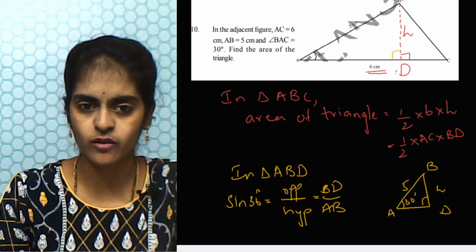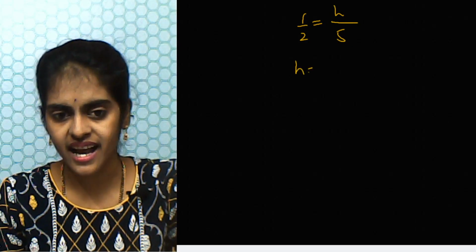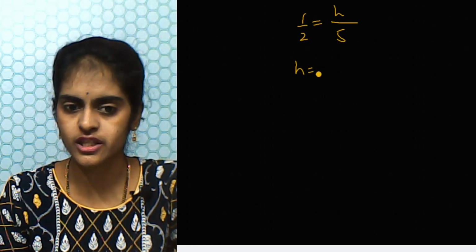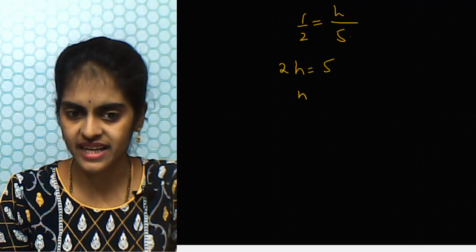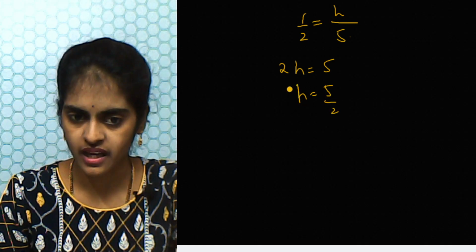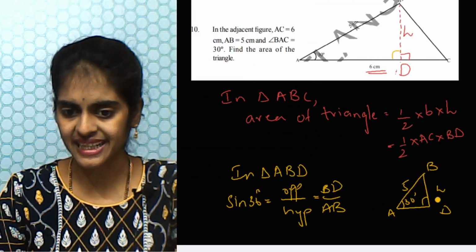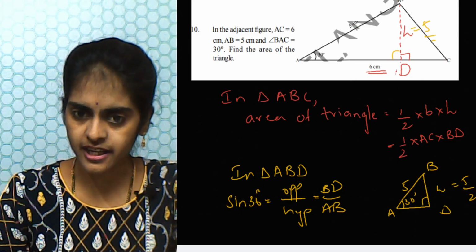Sine 30 is 1 by 2. So what is the height H? Cross multiplying, 5 is equal to 2H. So H is 5 by 2. This is the height of the triangle you got. So BD, H, is 5 by 2.